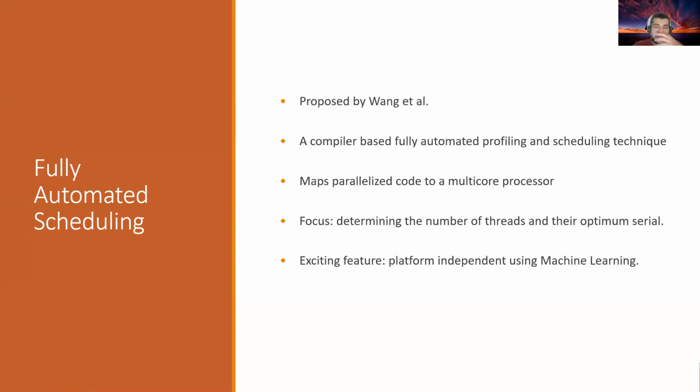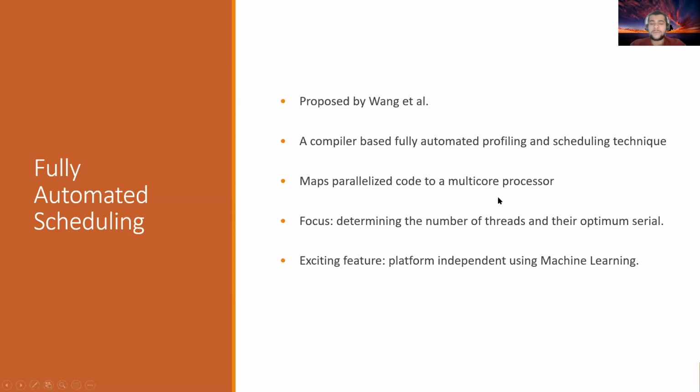Again, the next and last topic that we look at is a fully automated scheduling technique, which is proposed by Wang et al. This is a compiler-based fully automated profiling and scheduling technique. What this does is map the parallelized code to a multi-core processor, and they basically focus on determining two things: the number of threads that a program should run in, and the optimal serialization policy.